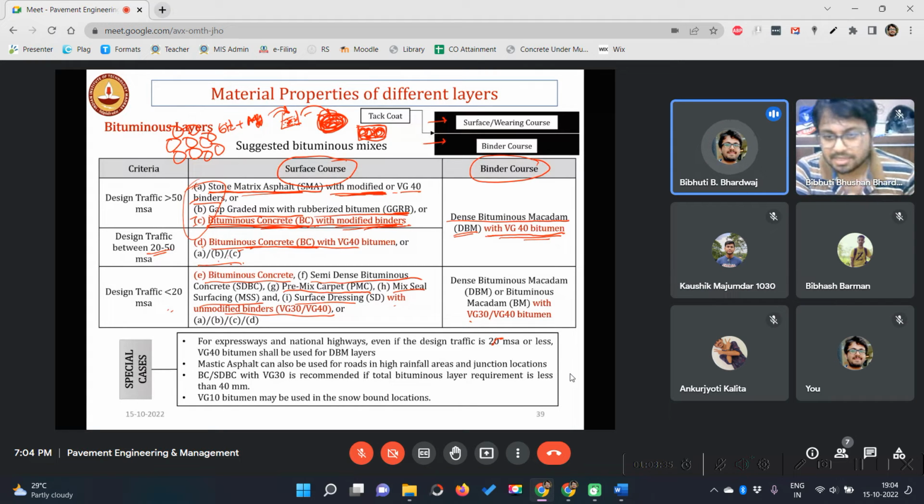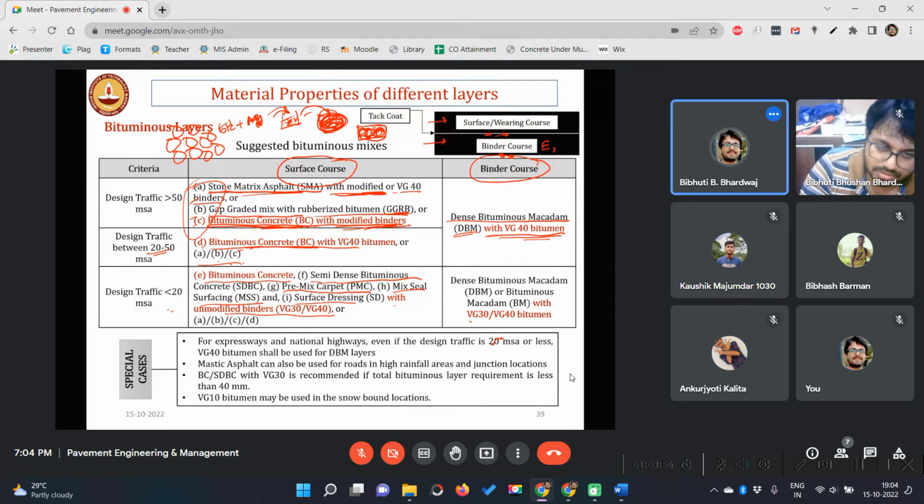But knowing the material is not enough. What we actually want to know is the strains, right? In order to know the strain, what are the other parameters that should be known? CBR.